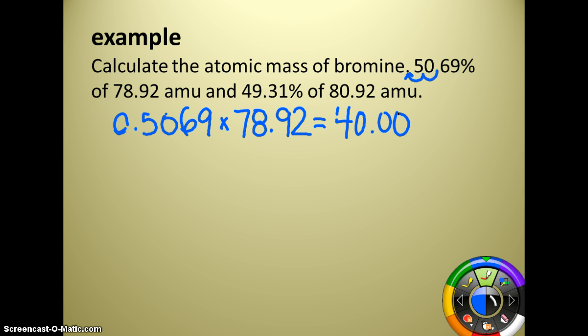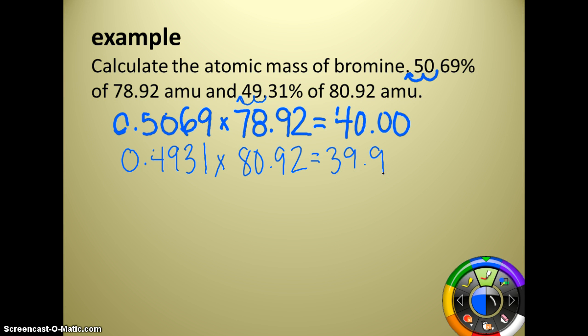And then you're going to do the same thing with the second one. We're going to move our decimal 2 places to the left to get it out of percent form. So then we're going to take our 0.4931. We're going to multiply it by its mass, which is 80.92. And that gives us 39.90.